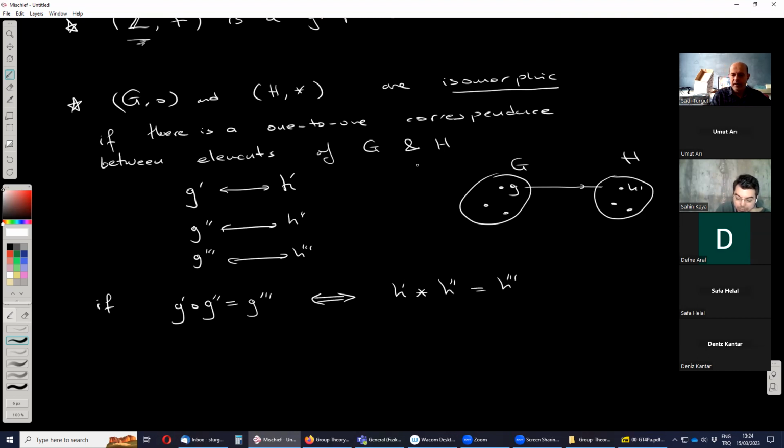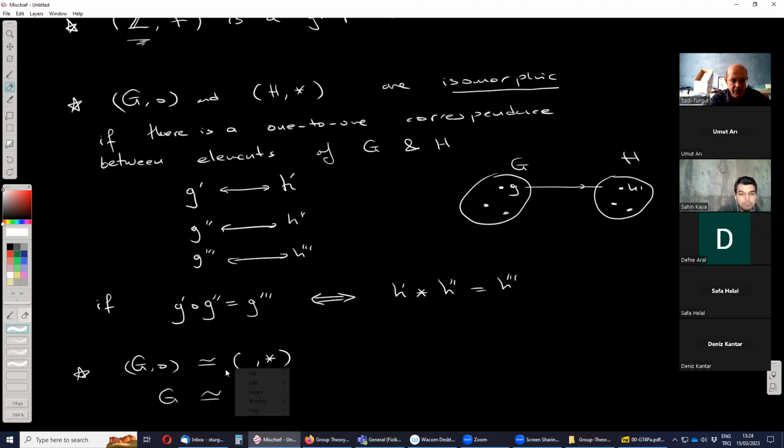In that case, we just say that the groups are isomorphic. So that's the notation that I'm going to use. Sometimes I just forget about the group operation and say the same thing for G and H. Sorry, it's not K, this is H. We say that these two groups are isomorphic.